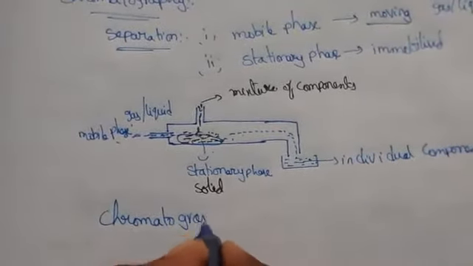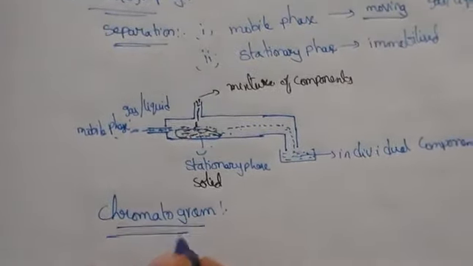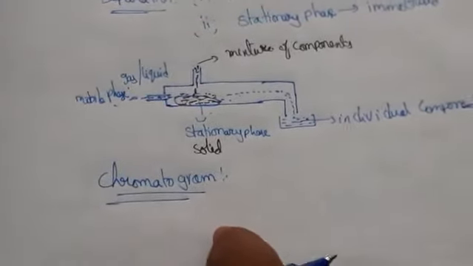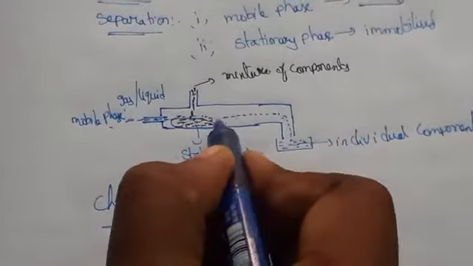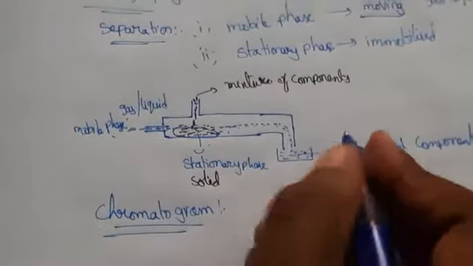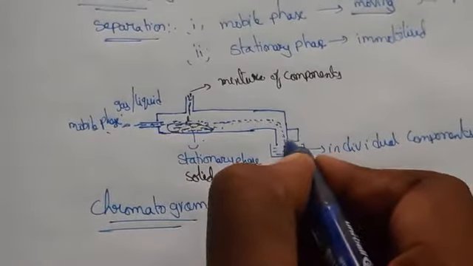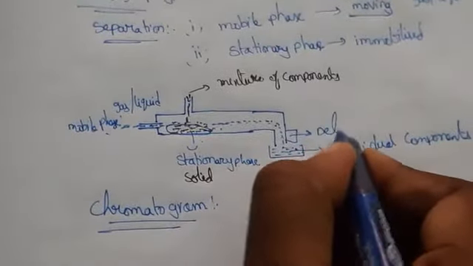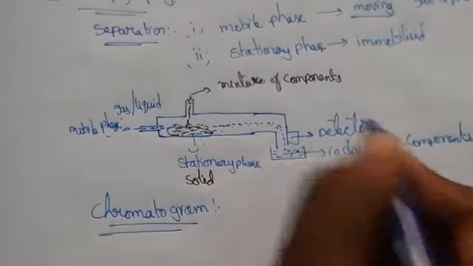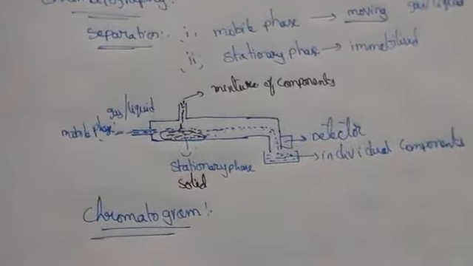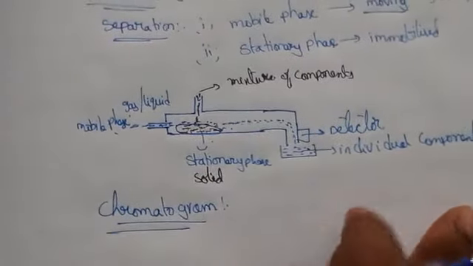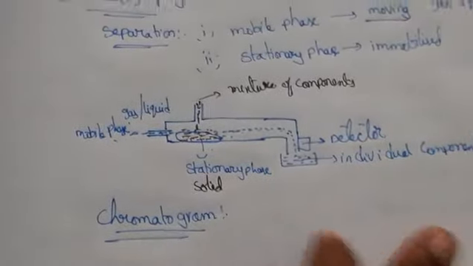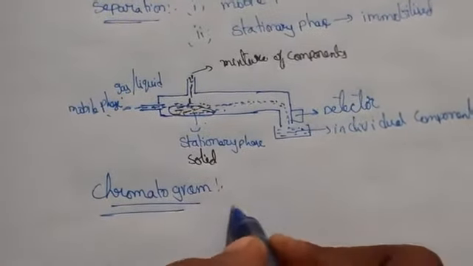The next term we should know here is chromatogram. So what is a chromatogram? See here, when the components are passing, we have one detector here. Whenever the individual components are separating, there will be some increase.